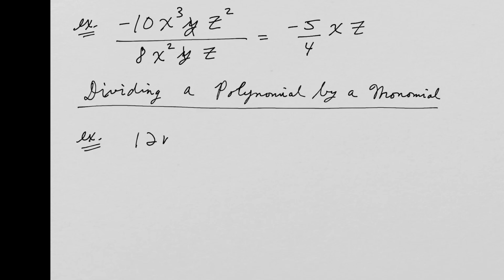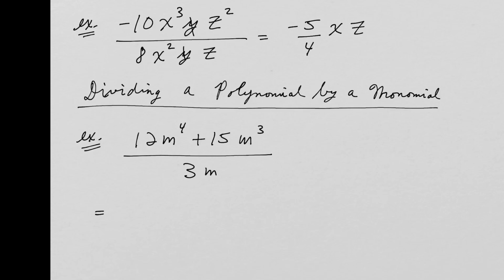Let's say I have 12m to the 4th plus 15m cubed, and I want to divide that by 3m. The first thing you should do is rewrite this. Remember what this means, right?